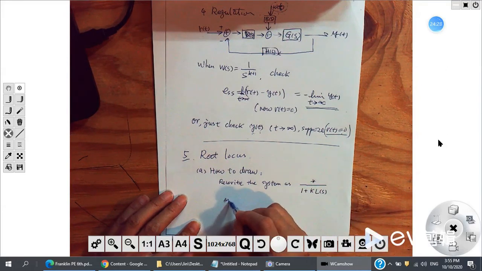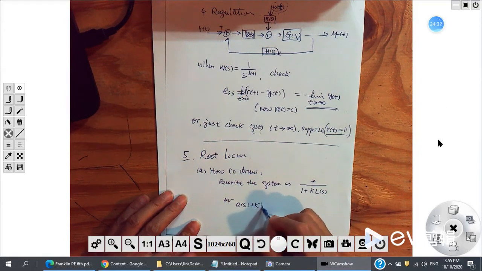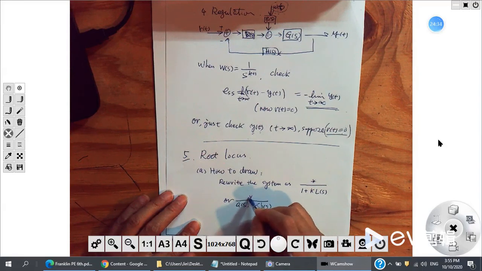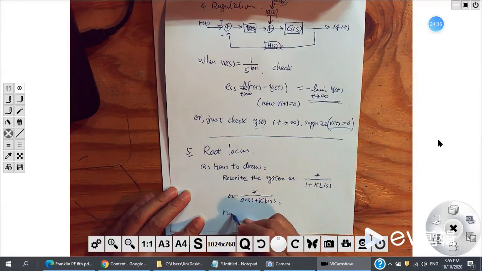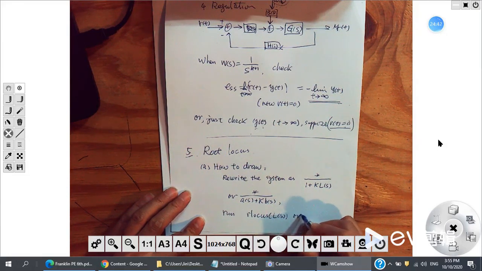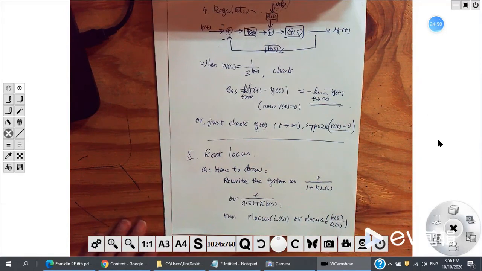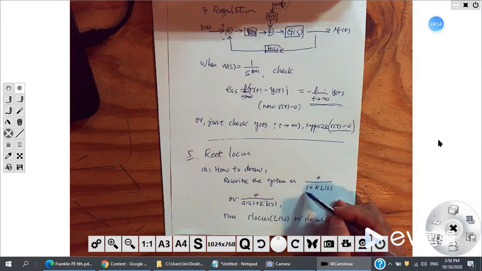Or as a s plus k b s, and run root locus of L of s, or root locus of b over a. Alright, then you can have the root locus. So try to write it in this way.